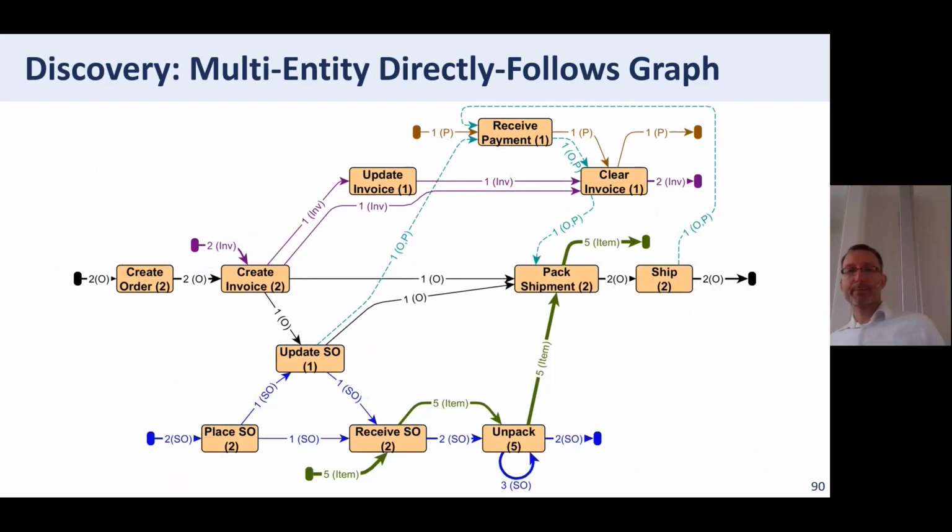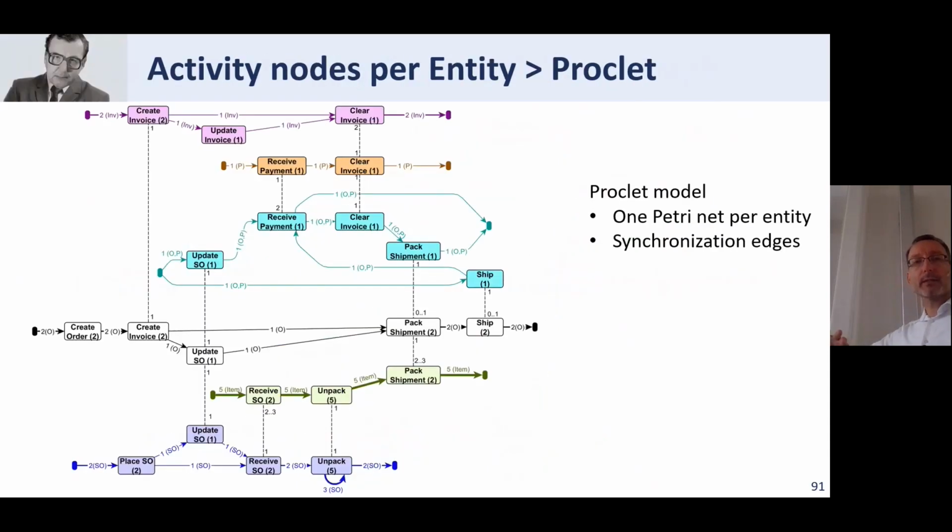Now, this is what happens if you do this for our example data set. This does get difficult to look at. It takes a bit of time. And I think it's easier to look at it if you take it apart and look at one model per entity type. That's what Petri said. You have one object and then it meets with another one.